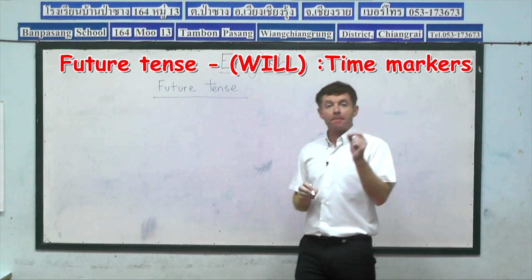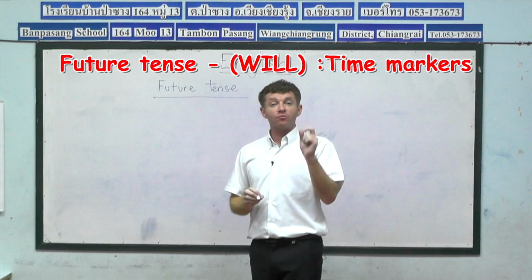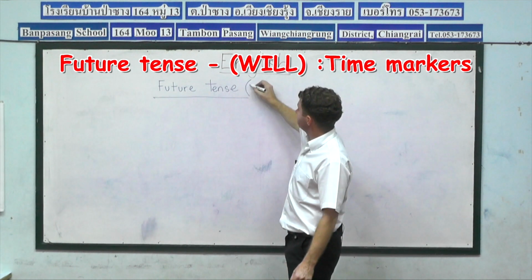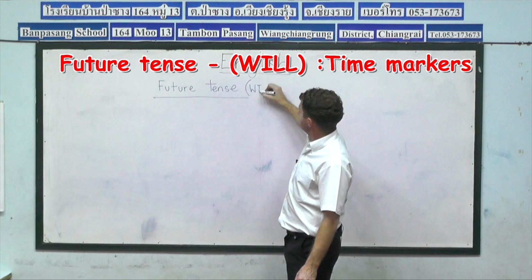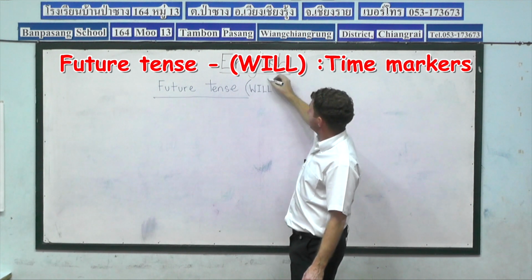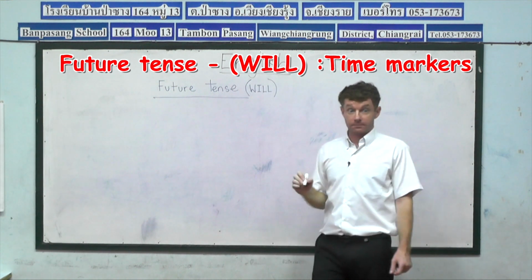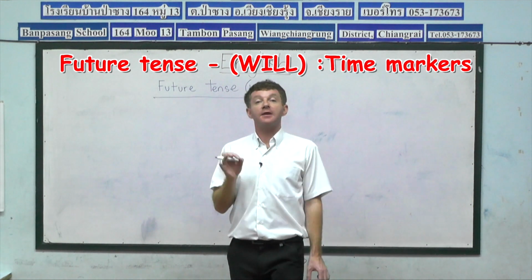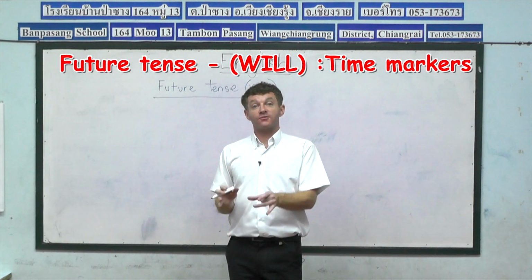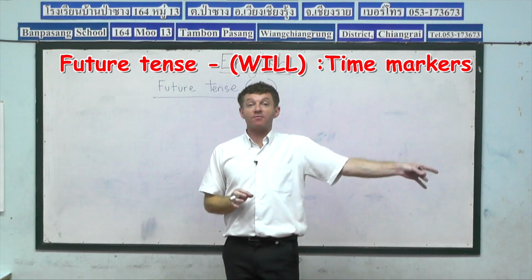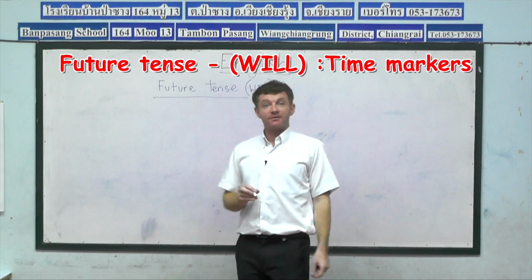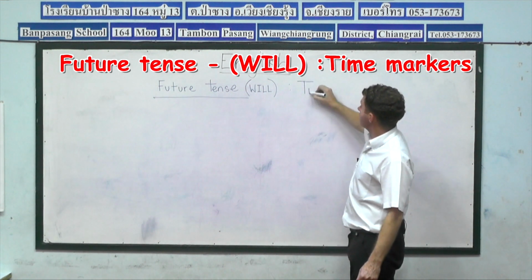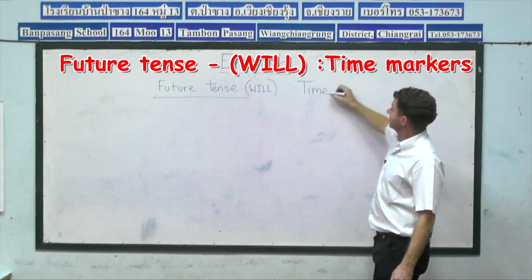Excellent, guys. And remembering about the future tense, there is one very important word that we will use all the time. W-I-L-L. Will. And what we were learning to do in the previous lesson was to describe when actions and events will take place. So we were using something that we call time markers.